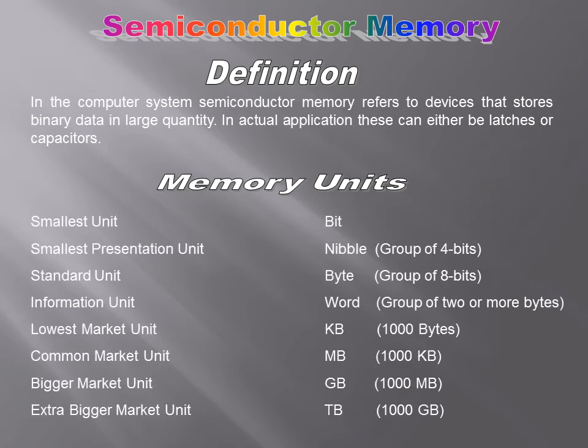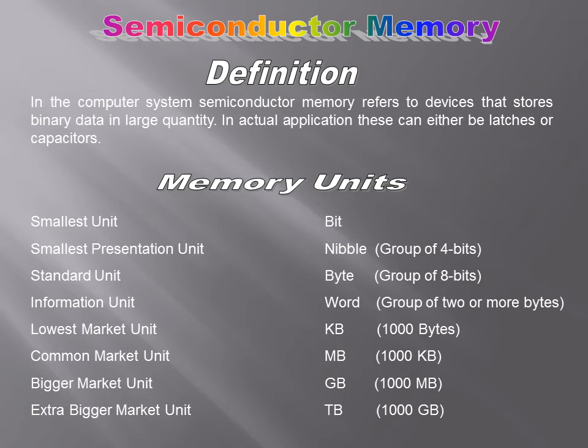The memory units are: the smallest unit is a bit, the smallest presentation unit is a nibble, a group of 4 bits, and the standard unit is a byte, a group of 8 bits. The information unit is a word. You know what a word can be? 2 or more bytes.